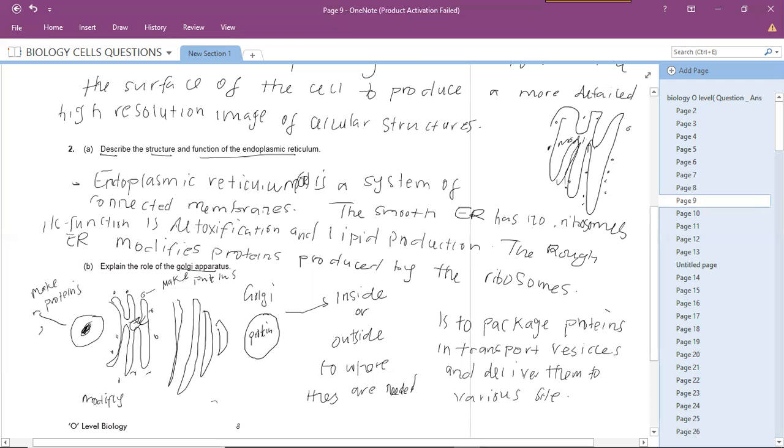The flow starts from the nucleus. The nucleus is like, all right, make proteins. Where are you going to make those proteins? In the ribosomes. Where are you going to modify those proteins to make them ready for their functions? The rough endoplasmic reticulum. Where are you going to package those vesicles? The Golgi apparatus. That's the flow.